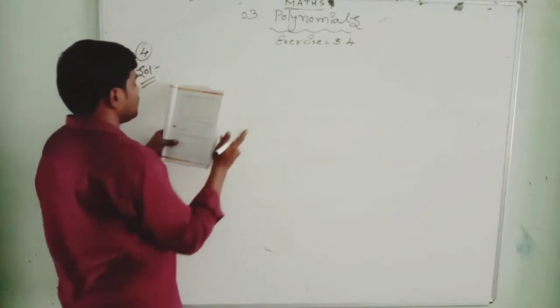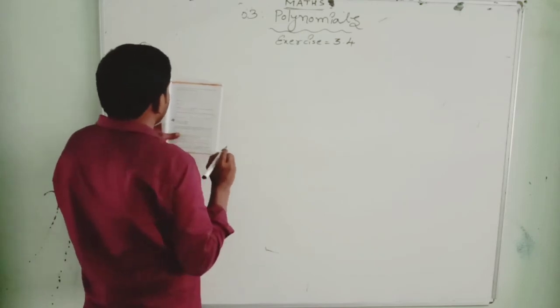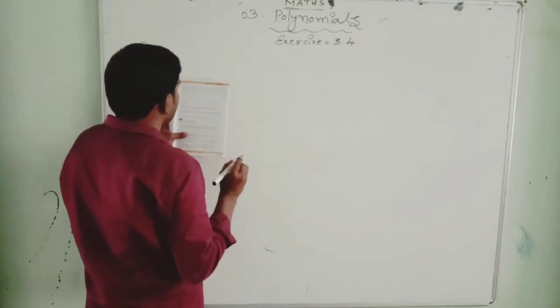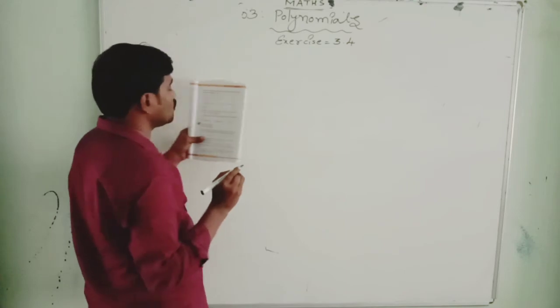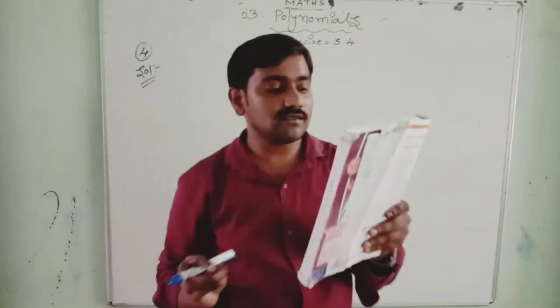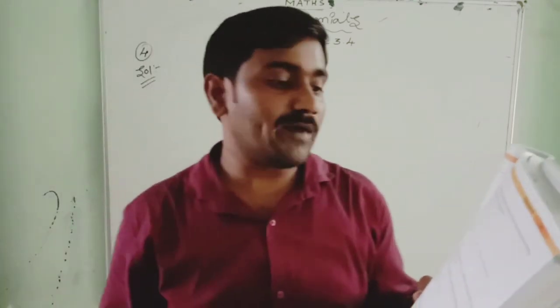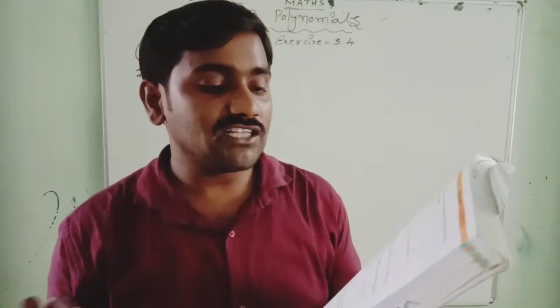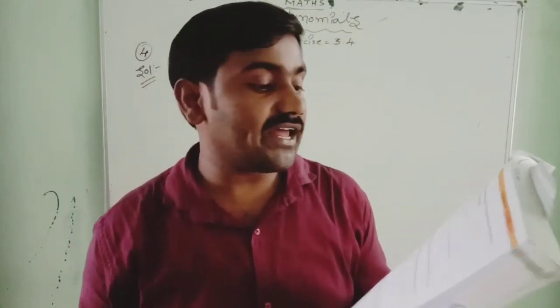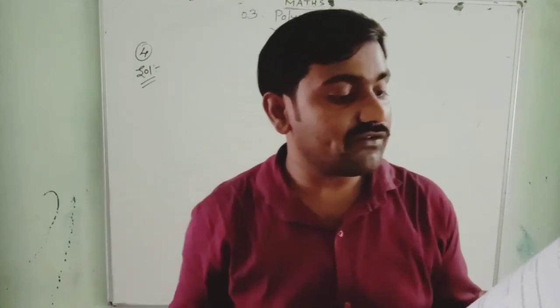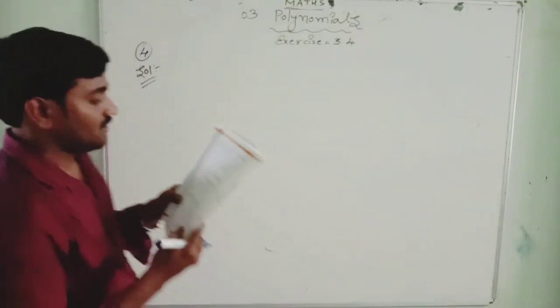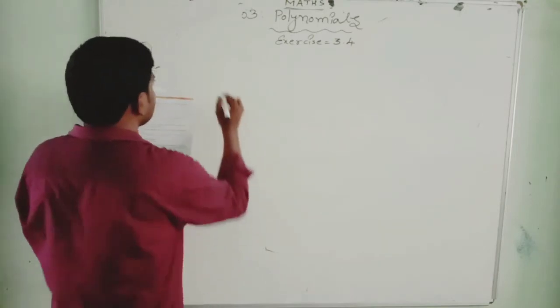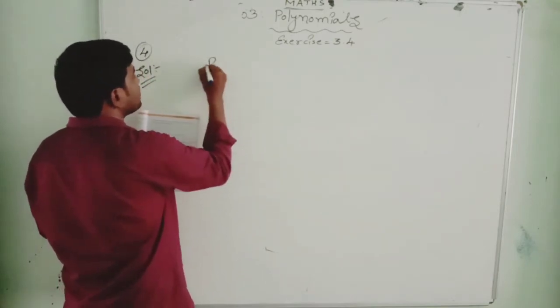On dividing x cube minus 3x square plus x plus 2 by a polynomial g of x, the quotient and remainder are given. Find the g of x. That means f of x is given.